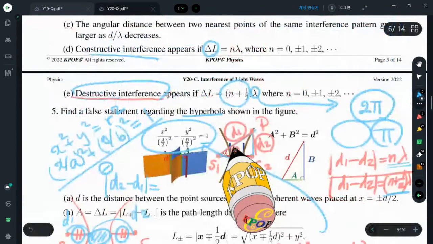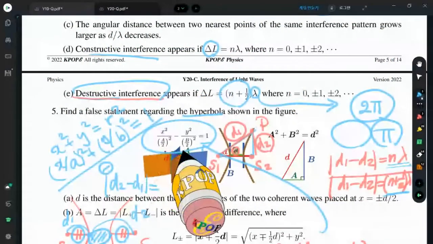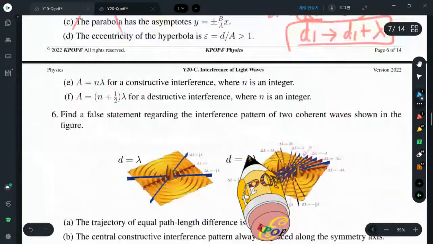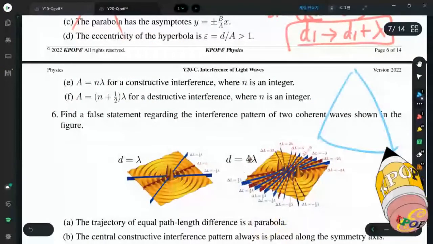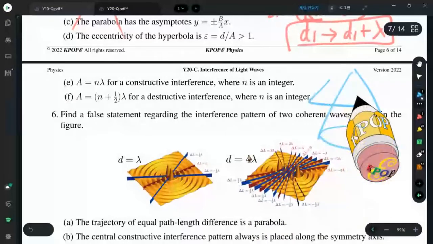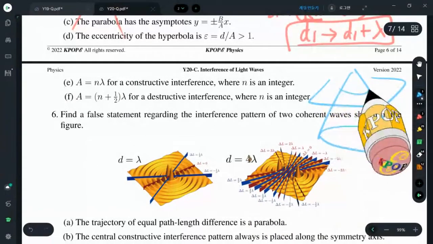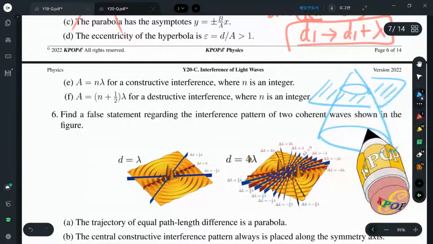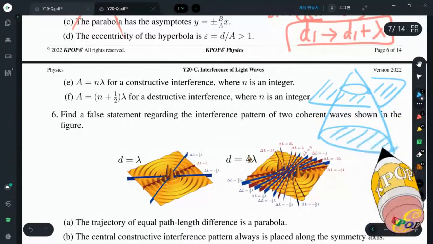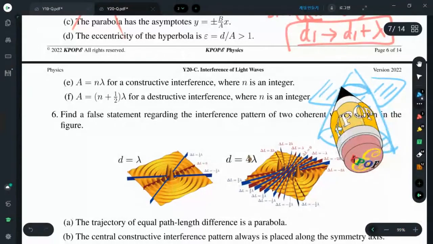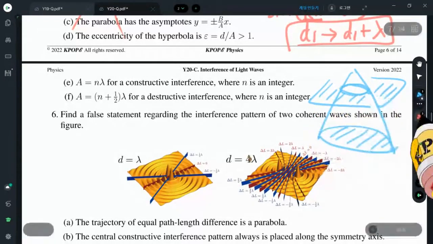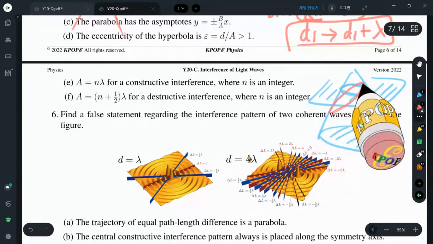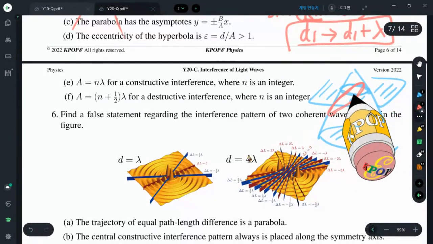And all of these are conic sections. A conic section is a cross section of a cone. If you cut a cone using a plane that is parallel to the base, it is a circle. If you give some angle, then it becomes an ellipse.